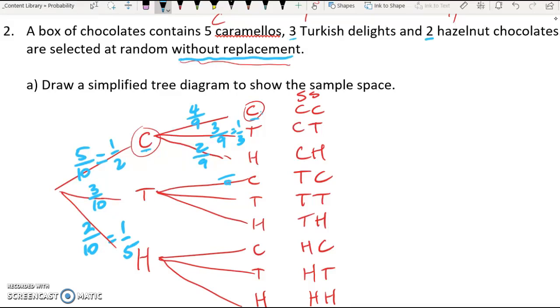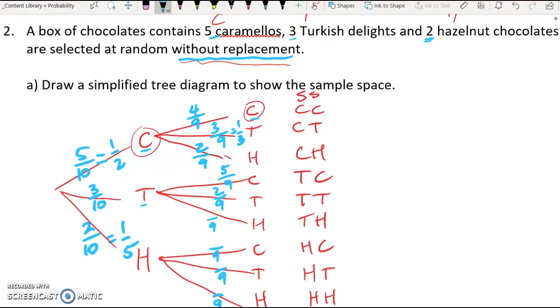Now basically all of these are going to be out of 9. There's 9 chocolates. If you've already picked one, there's 9 chocolates left in. Now the number of caramellos, after you've picked a Turkish delight on the first one, there's still 5 caramellos left in. So it's a 5 out of 9. If you've picked a Turkish delight on the first one, there were originally 3, but now you're going to have 2 out of 9.